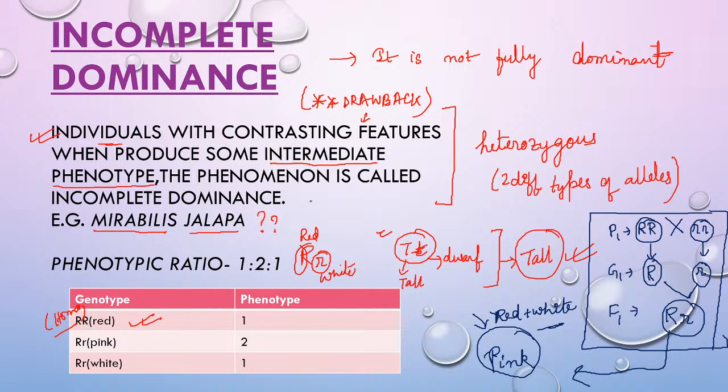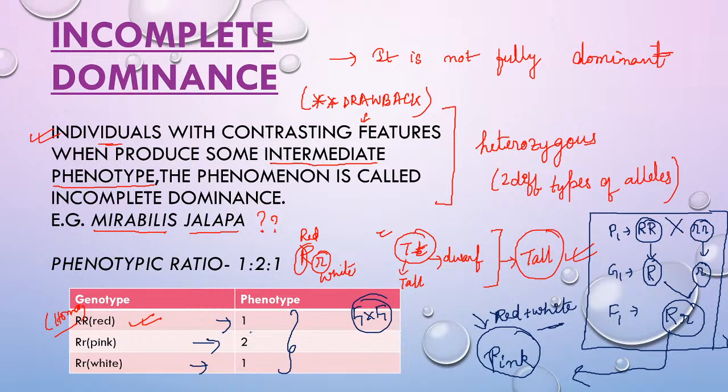So that's what Mirabilis jalapa gives us as an example, that in the F1, when this F1 phenotype was set, that is F1 cross F1 was done, we get to see a phenotype, that is one becomes fully dominant, that is homozygous condition, one becomes fully recessive, and another, that is a heterozygous condition.